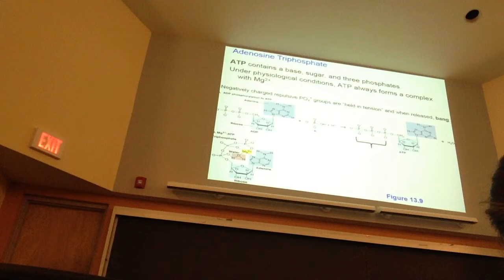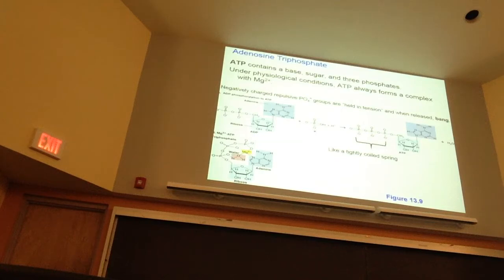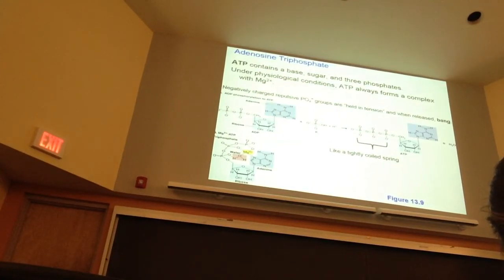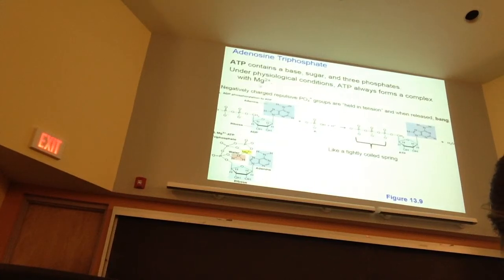Okay, like a tightly coiled spring is those phosphate groups, those negative charges that are repulsive to each other. Now, with that said, one of the interesting things that is pointed out is under physiological conditions, ATP always forms a complex with divalent cations like magnesium.